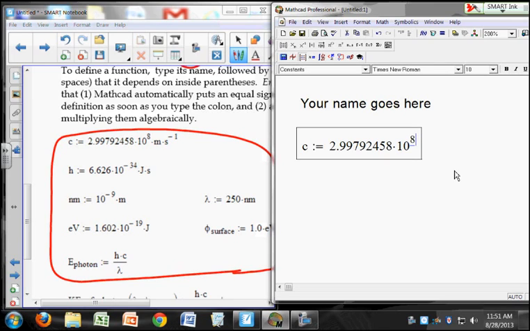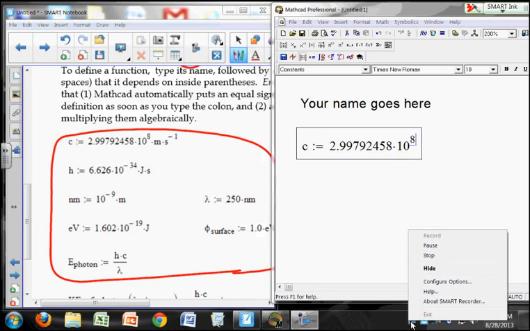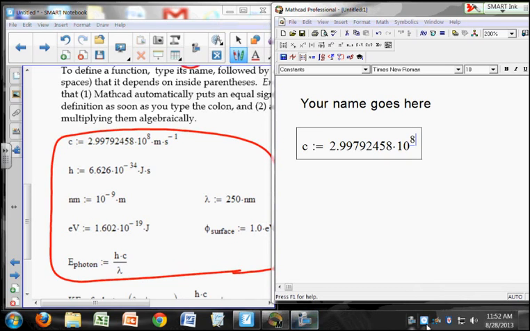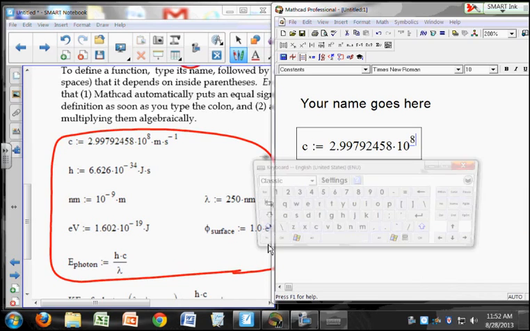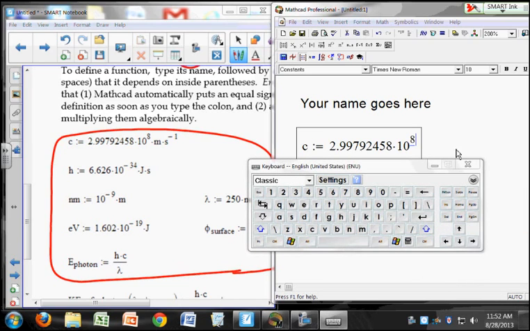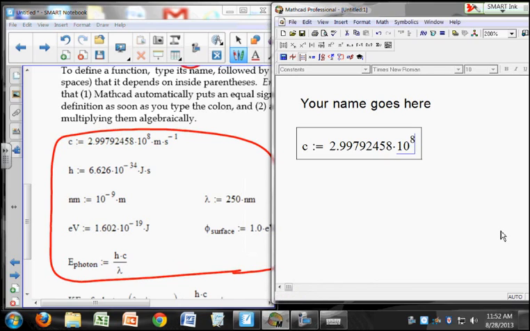So to get out of the exponent, you press the space bar on your keyboard, which is this thing right here. Then times, and you enter the unit meters times seconds raised to the power -1.